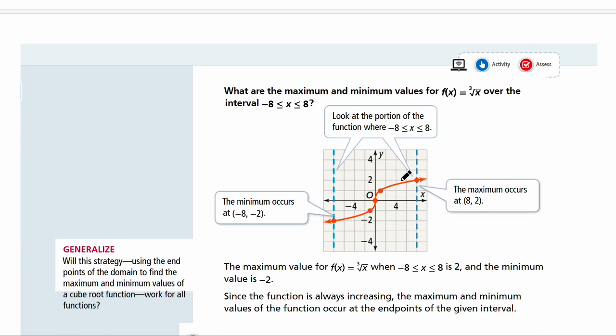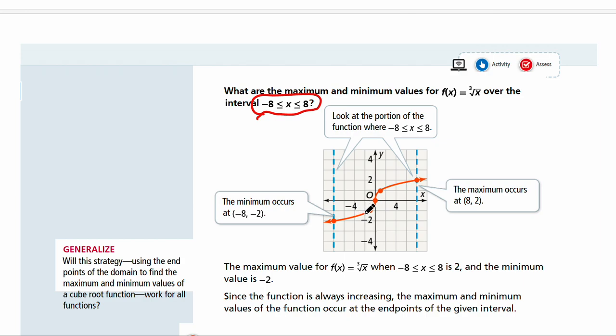The maximum and minimum values are really infinite, but you can look at the maximum and minimum values for specific intervals. So what are the maximum and minimum values for the interval -8 to 8? The negative part would be the minimum value because the graph is increasing overall.